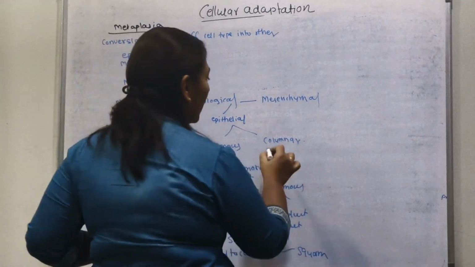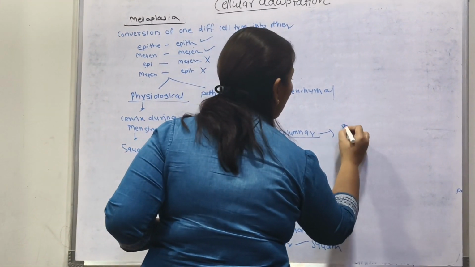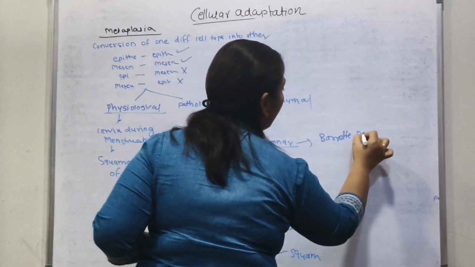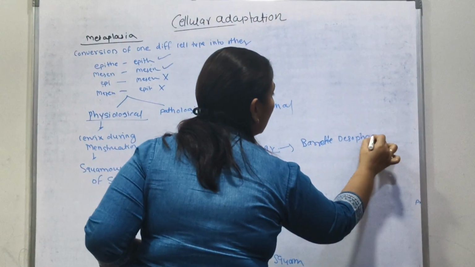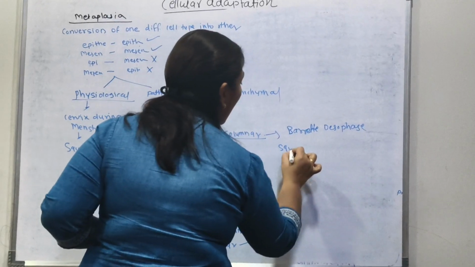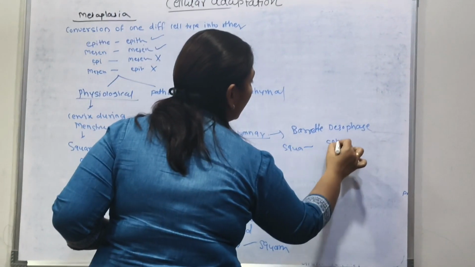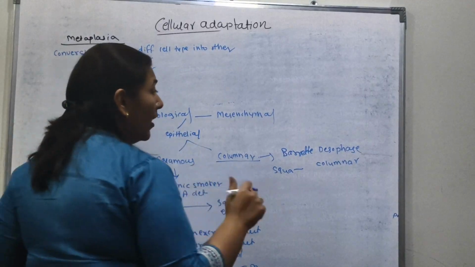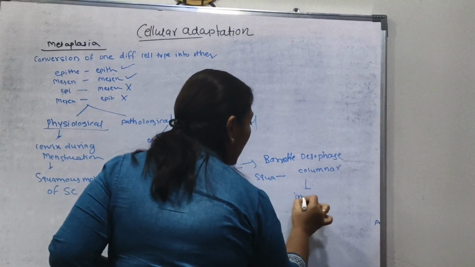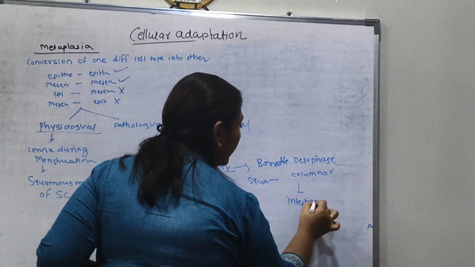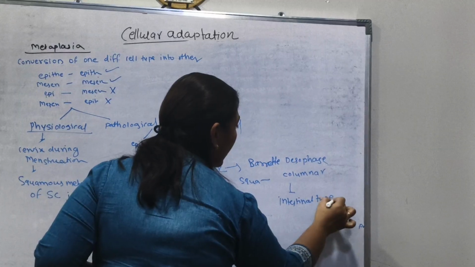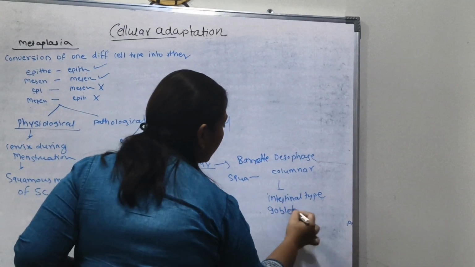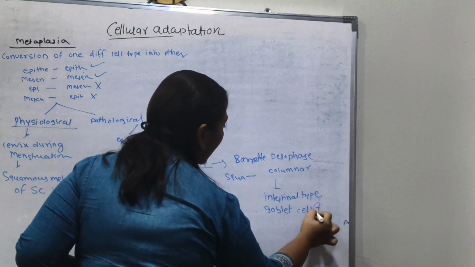Then coming to columnar metaplasia. The most important example of columnar metaplasia is Barrett's esophagus. In Barrett's esophagus, squamous epithelium is converted into columnar epithelium. But there is an important characteristic: it is the intestinal type of columnar epithelium, meaning goblet cells will be present.